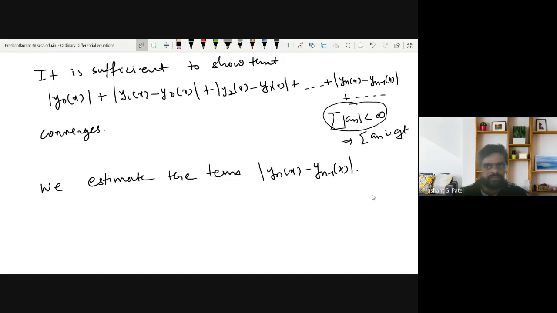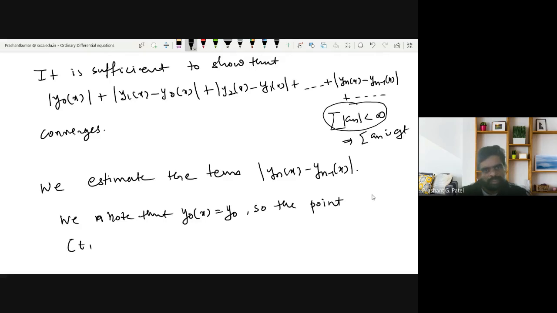First it is necessary to observe that each function yn, as a graph, lies in R dash and hence it is in R. So we can note that y0 of x is y0, so the point t comma y0 of t lies in R dash.